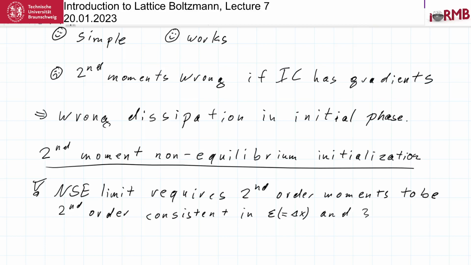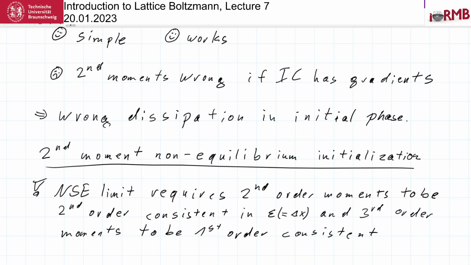And third order moments to be first order only. So first order, this is a good thing because for the third order moment, this requires only that the equilibrium is correct. Yeah? So we do not need to correct the third order moments. We could also do this, then it would even be more accurate, but it's not required from the asymptotic point of view if we are fine with second order consistency.